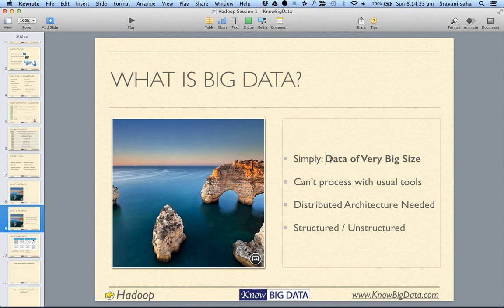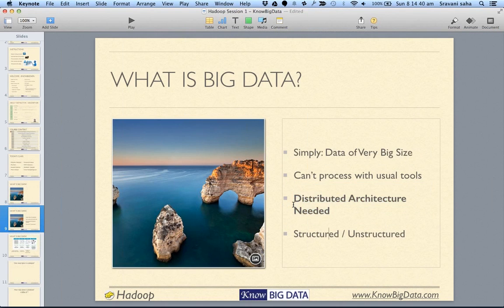And the data could be structured, unstructured, or semi-structured.